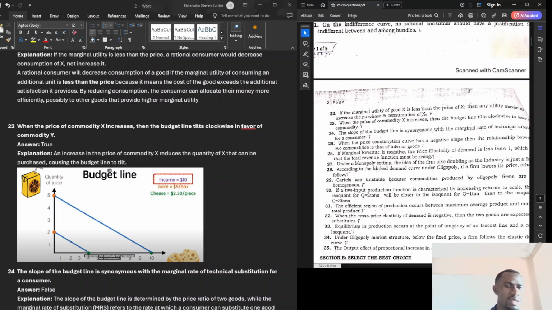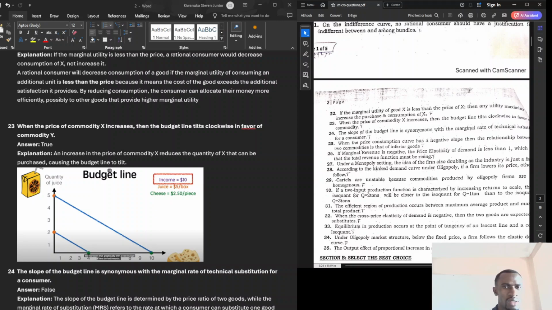So this implies that when you buy more of the bread, this one will have to come down. Or if you buy more of the juice, then this one will reduce. So here, when the price of commodity X increases, when we buy more units of bread, that means we have to reduce consumption of this.